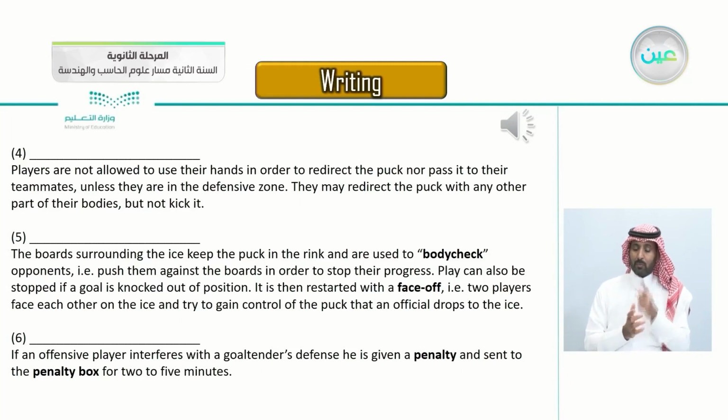Play can also be stopped if a goal is knocked out of position. It is then restarted with a face-off, i.e. two players face each other on the ice and try to gain control of the puck that an official drops to the ice. If an offensive player interferes with a goaltender's defense, he is given a penalty and sent to the penalty box for 2 to 5 minutes.